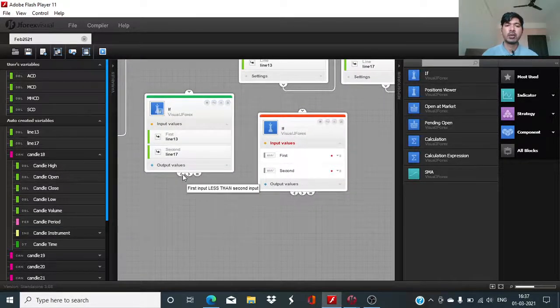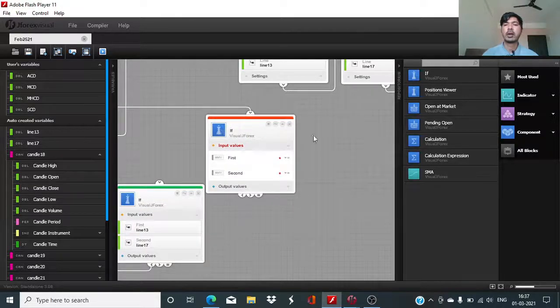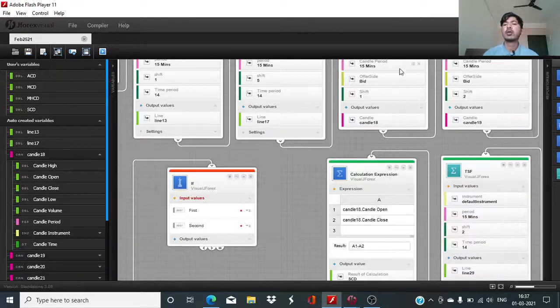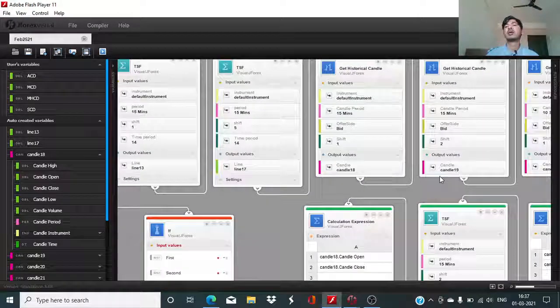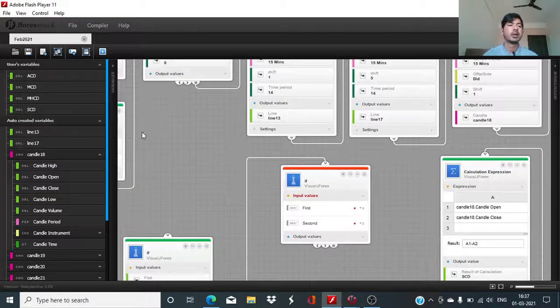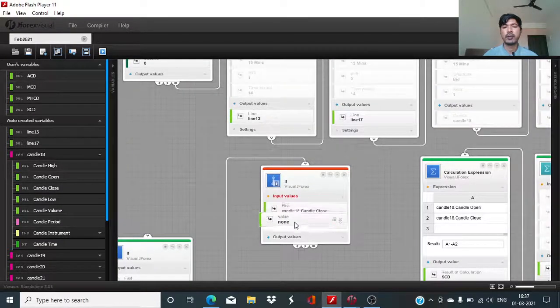So this first input less than second input, and then we will look at the historical candle close of candle 18, and candle 18's closing value needs to be less than line 13.